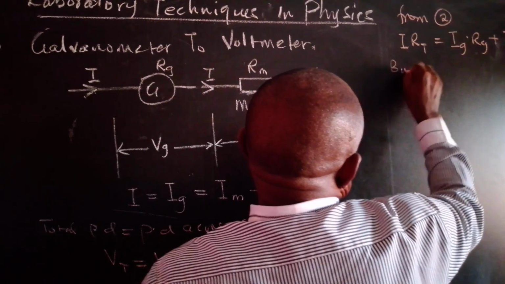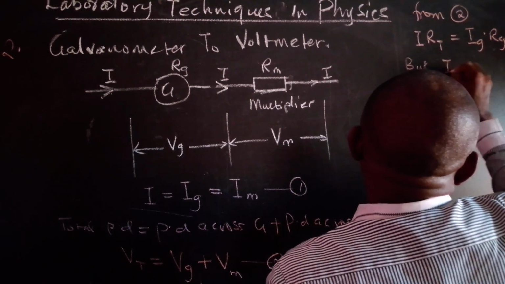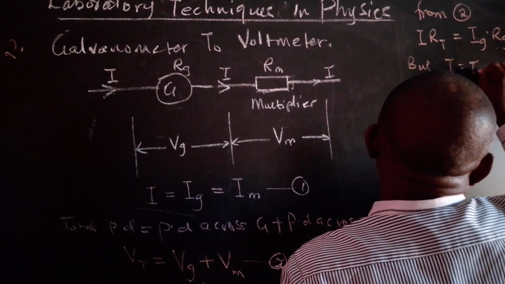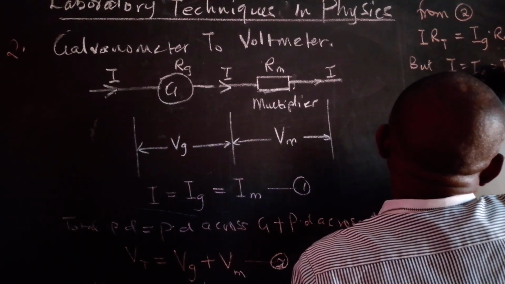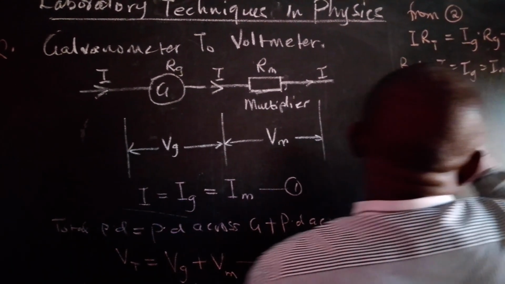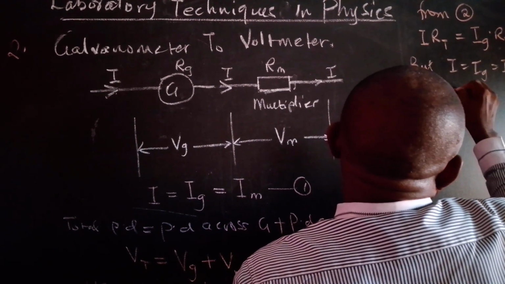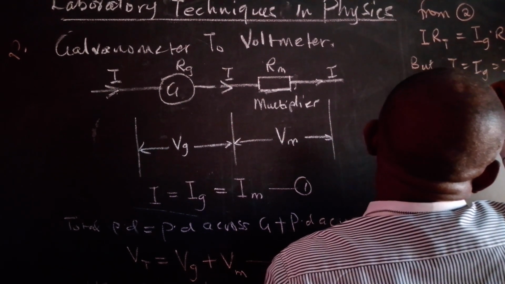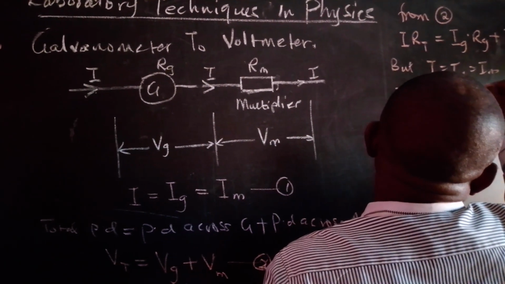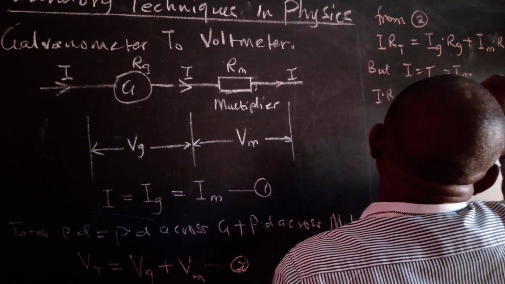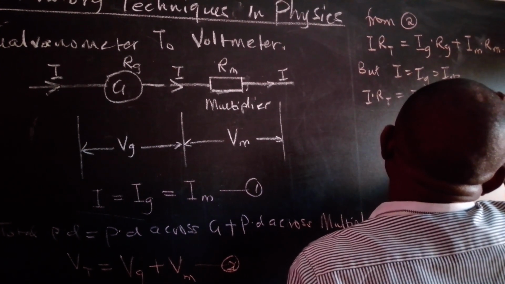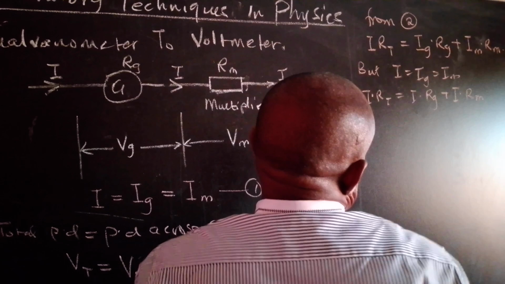But we do know that our I is equal to Ig, which is equal to Im. So we could write the equation as current times total resistance is equal to the same current times resistance of galvanometer plus current times resistance of multiplier.